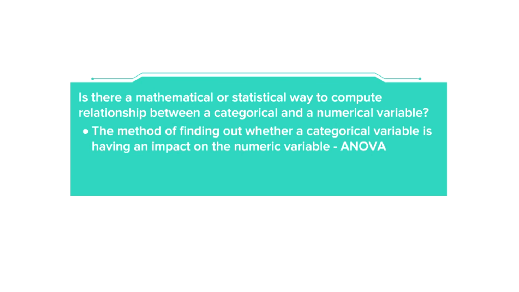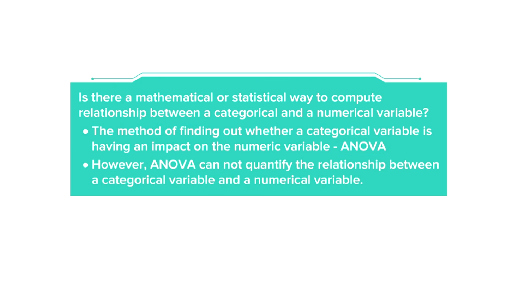And yes, there is a method of finding out whether a categorical variable is having an impact on the numeric variable, and this method is called ANOVA. But we won't be able to quantify the relationship. We can just tell whether it is having an impact or not.